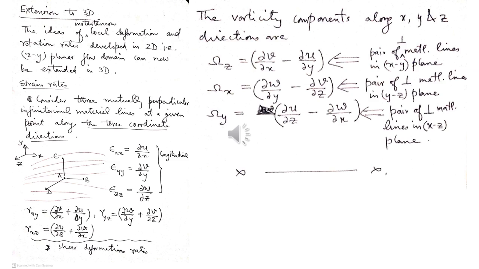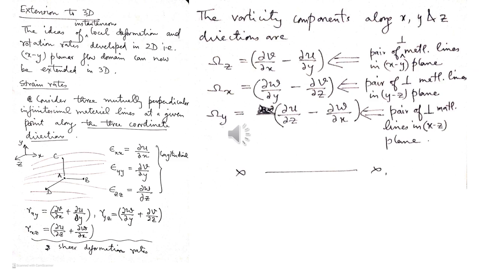Their physical meanings are the same. Epsilon xx is the longitudinal strain rate in x direction of a material line along x. Similarly, epsilon yy is the longitudinal strain rate in y direction for a material line directed along y. So we extend it by saying that the third quantity must be epsilon zz, the longitudinal strain in z direction in the material line aligned along z direction.